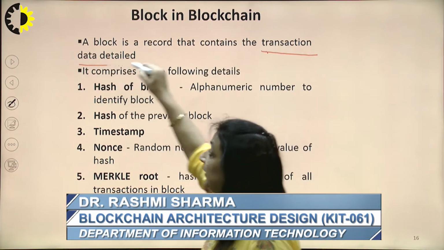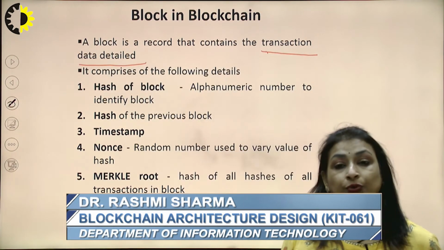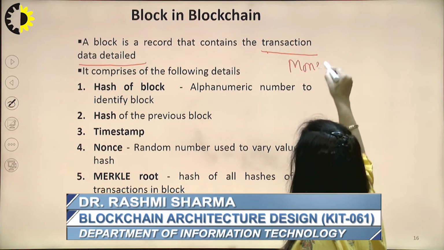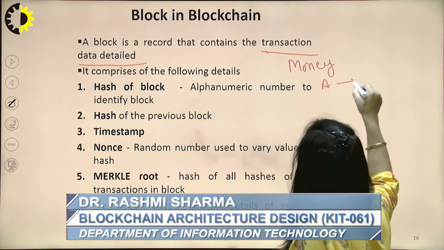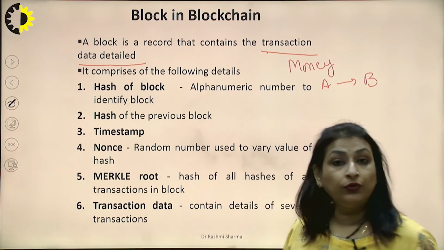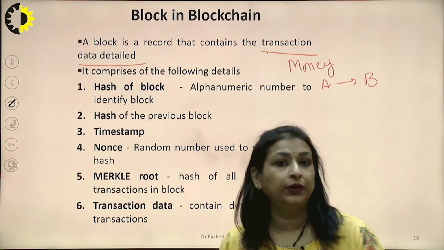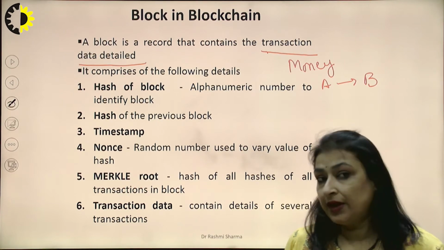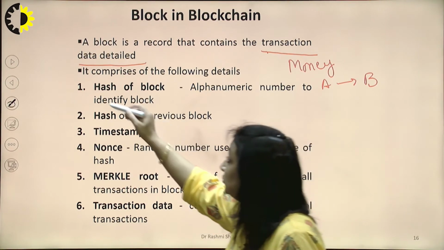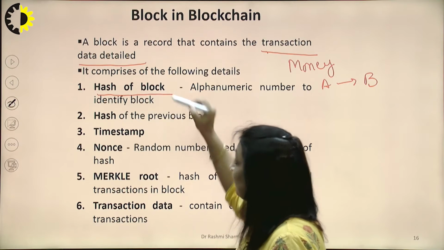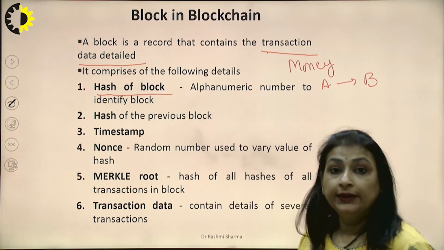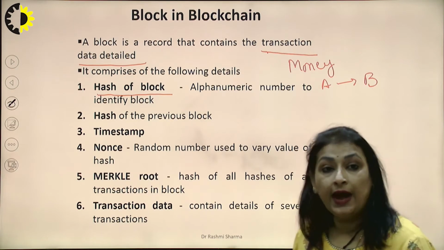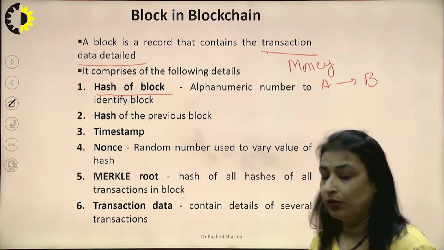First thing is, as we discussed in the last video, the block is a record that contains transaction data detail. Like if I have to transfer some money from A to B, it would have all that data as a record in the block. In the last video we discussed the block should consist of a block hash, that is an alphanumeric value which uniquely identifies that particular block.